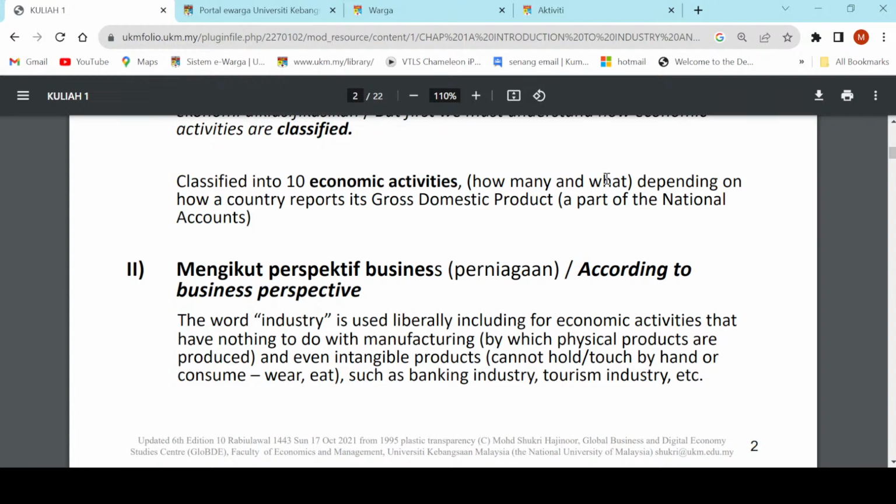So we just finished with number 1, the first way of classifying economic activities. There are 10.